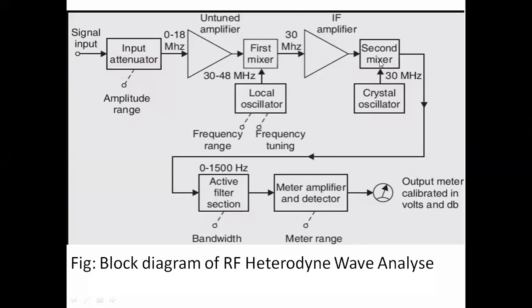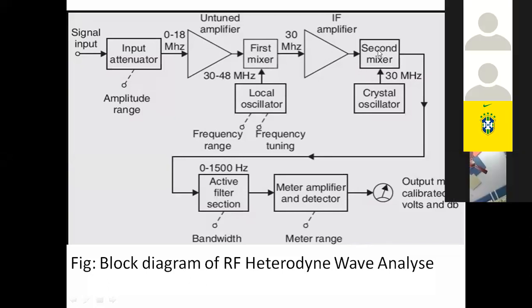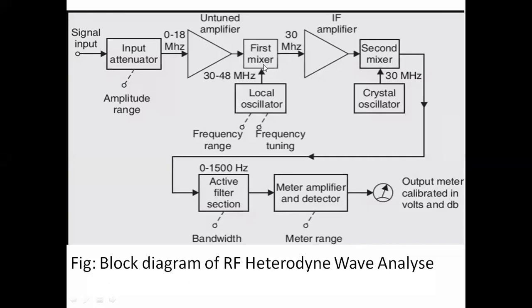Here we have two mixers, the first mixer and the second mixer. In the first mixer, one signal is the input signal, and the other signal comes from the local oscillator. This local oscillator produces frequency signals in the range of 30 to 48 megahertz.